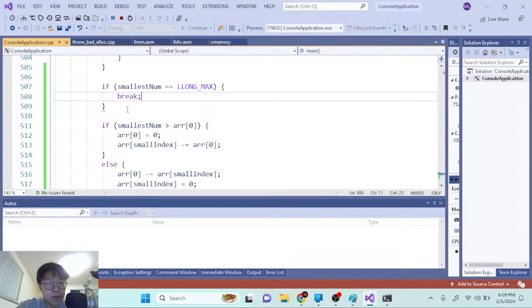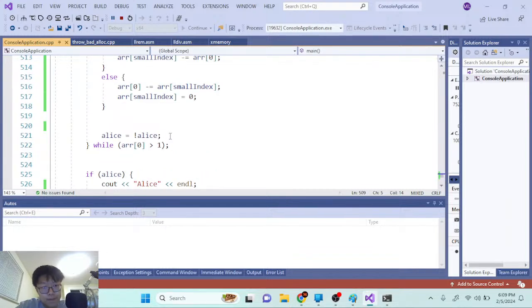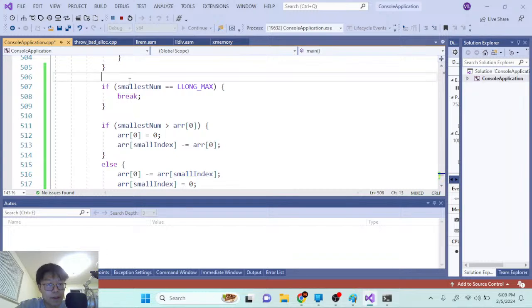But you still have to set it to Bob's thing. I think we have to do it like that.